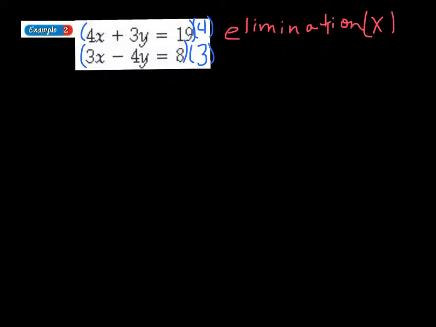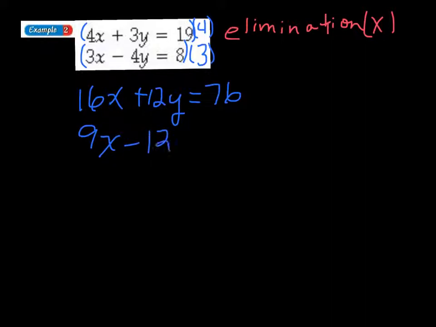So I'm going to take that first equation, everything times 4, and the second equation, I want to take everything times 3, and then I'll get 12s. Well, a 12 and a -12, which is lovely. So I have 16x plus 12y equals 76, and 9x minus 12y equals 24.